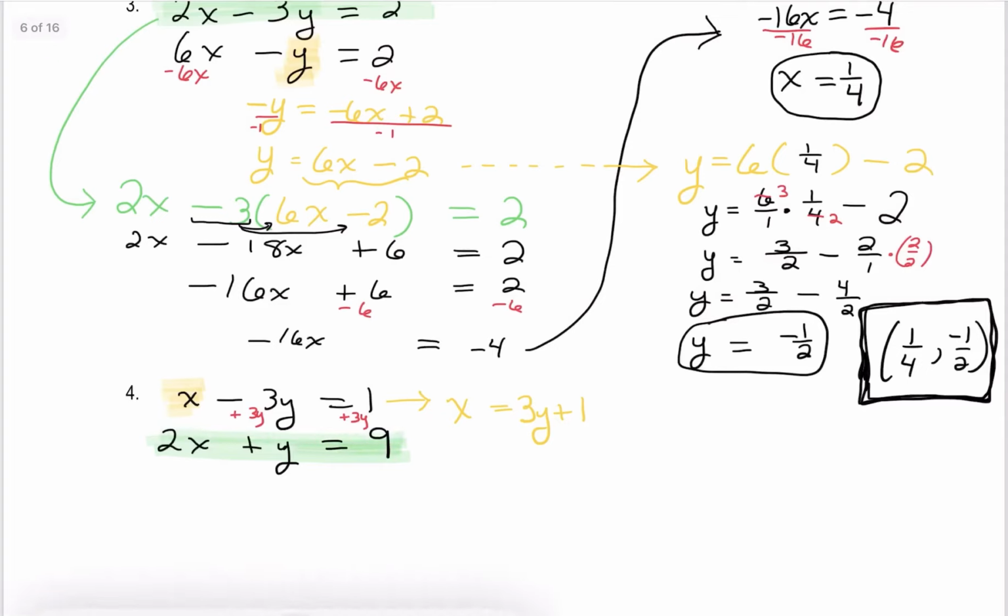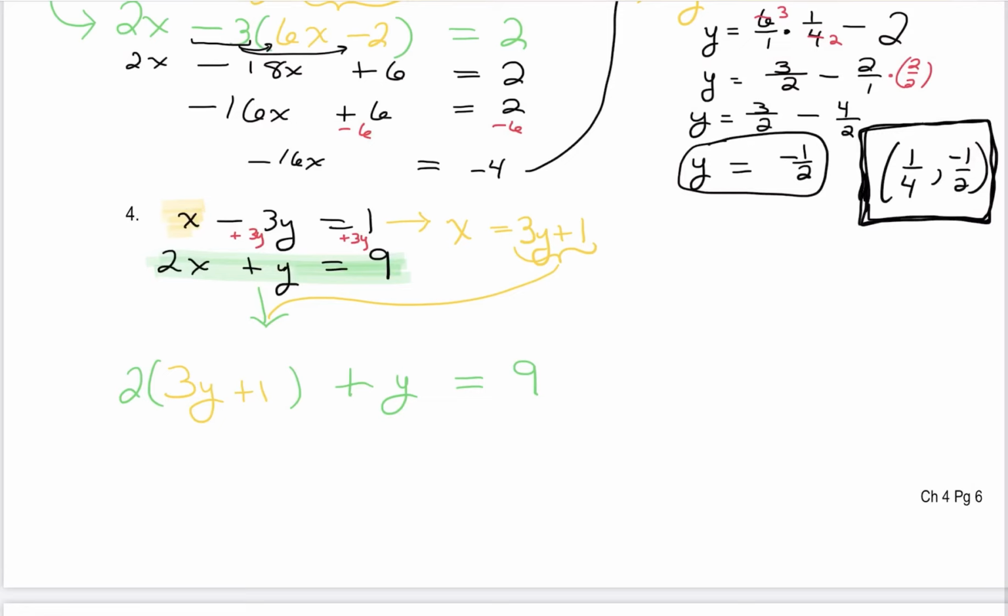And we're going to take out the x, and in its place, we are going to put what we isolated x to equal in the first step. And that was the 3y plus 1. So that goes in for x. Hopefully this is becoming a little more familiar and a little easier now than a few. And everything else stayed the same in that second equation.